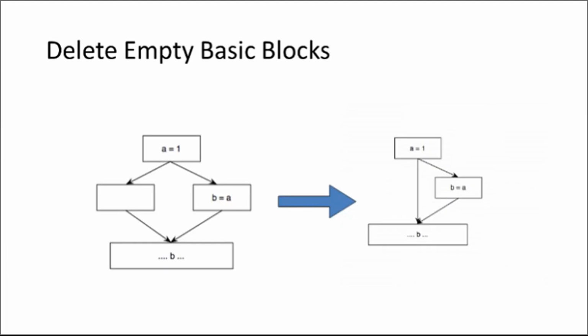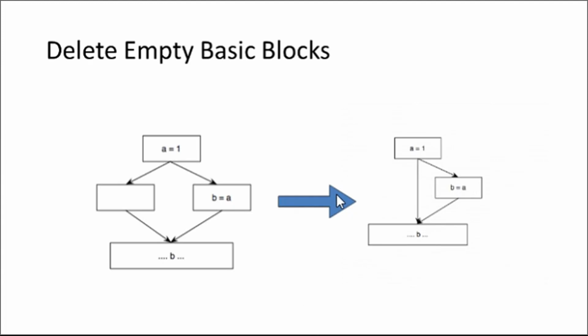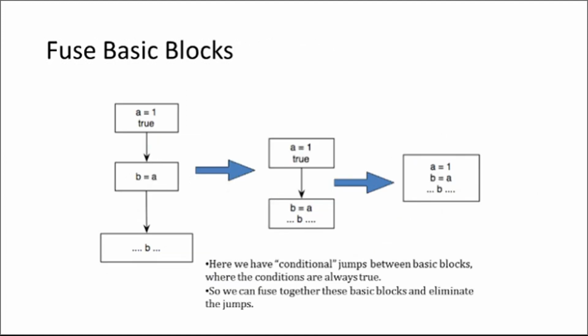It can happen that while applying these techniques, a block is generated which does not have any statement, then we can remove it, which is called deleting an empty basic block. It can also happen that a few basic blocks contain hardly one statement.